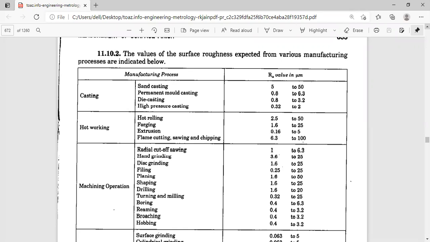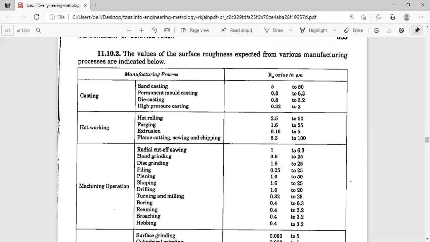Regarding the production method symbol that I showed you in the previous slide, at the top we include the production method. In the triangular portion with a 60 degree angle, we include the surface roughness value. Below, we include the sampling length, and on the right side of the roughness value we include the lay.